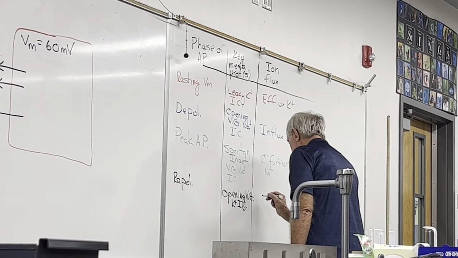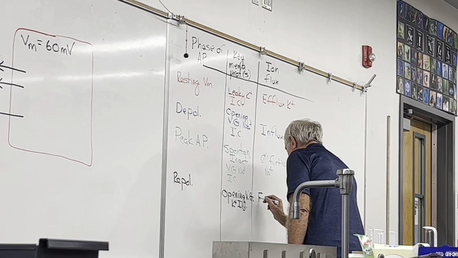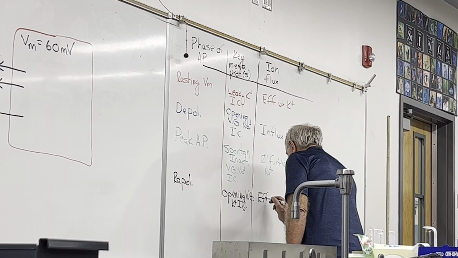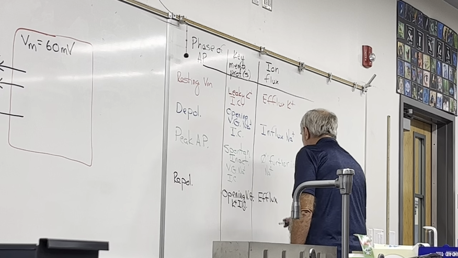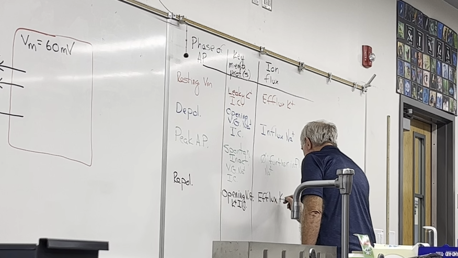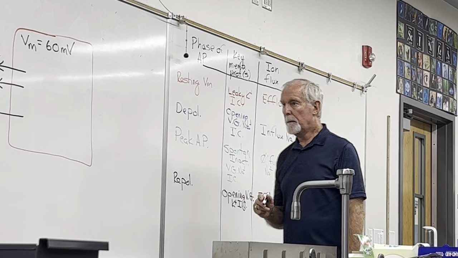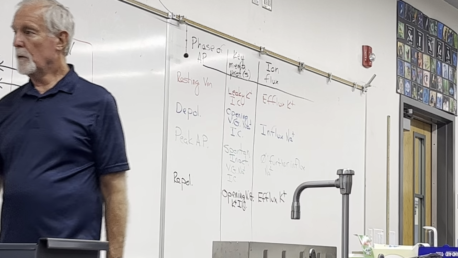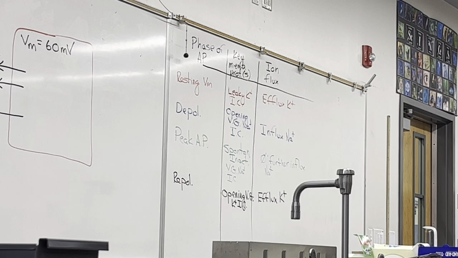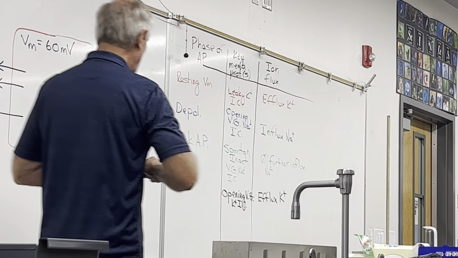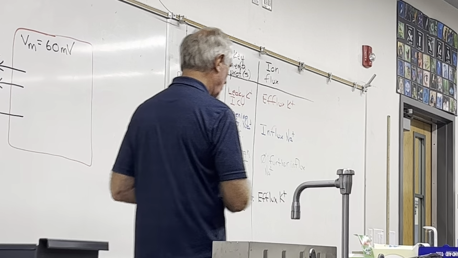And as I just said, this leads to an efflux of potassium ions, causing the membrane potential to become more negative. And then we get to this last phase, which is called hyperpolarization.